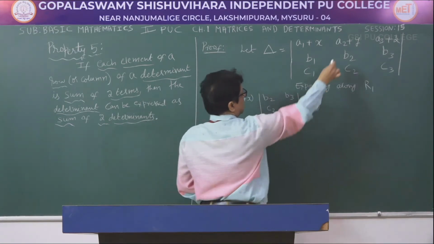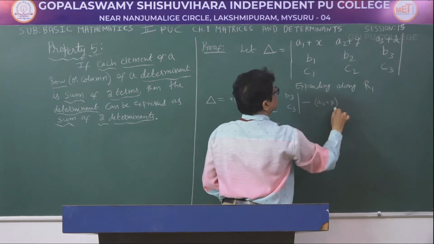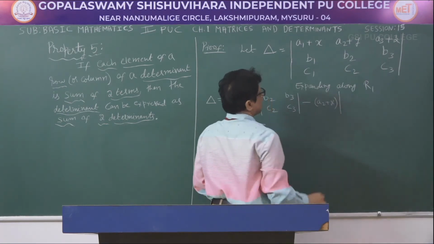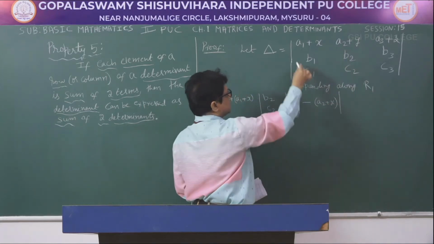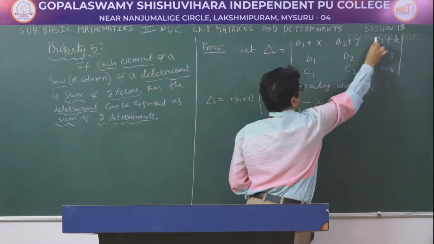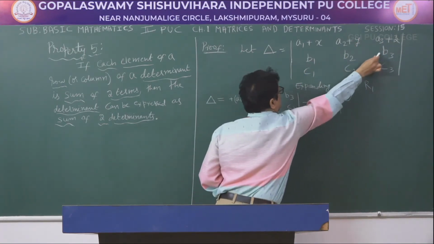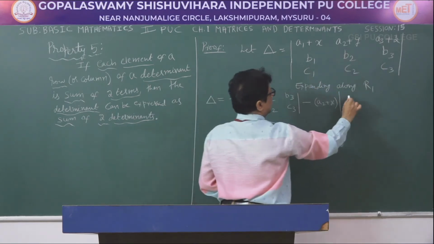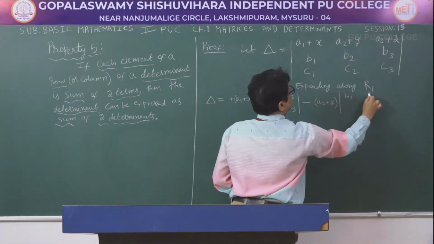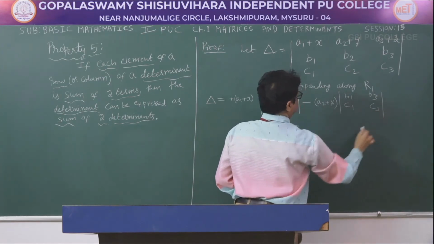Minus, the next element is a2 plus y, which lies in the first row and second column. We eliminate the first row and second column and take the determinant of the remaining elements. It is determinant of b1, b3, c1, c3.